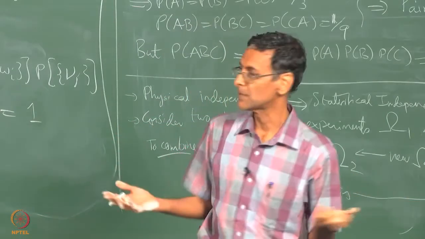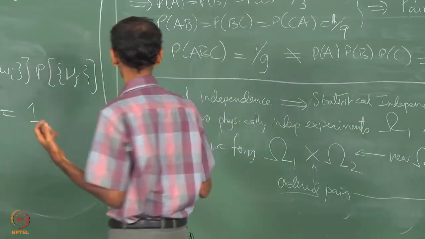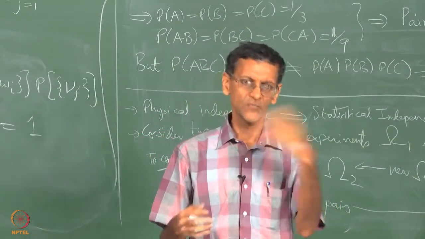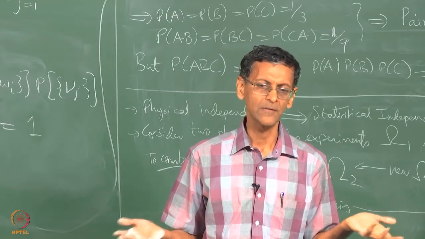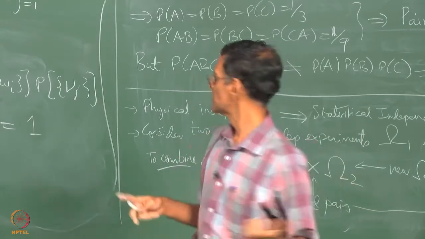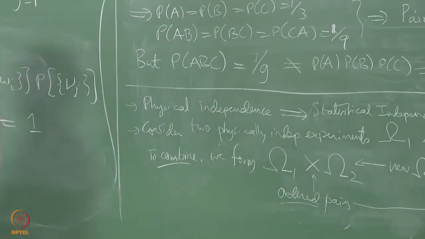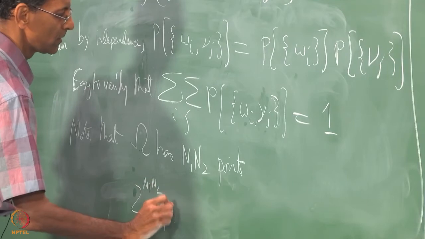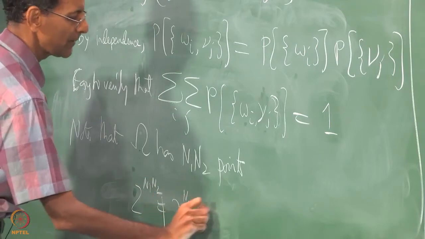So this is going to be our model for combining experiments, and I am going to go fairly fast over this because I think it's fairly elementary. Just the one point to note is that the power set 2 power n1 n2 is not equal to 2 power n1 multiplied by 2 power n2.